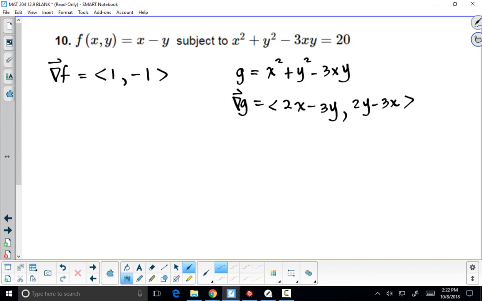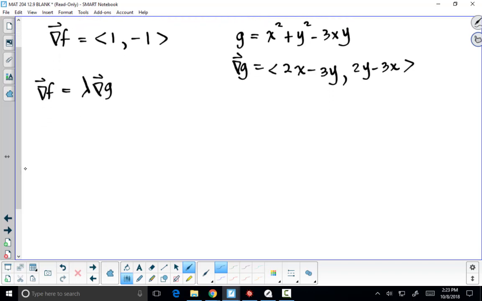That's the normal to the constraint curve, del g. And then we're going to do del f equals lambda del g. This is the equation that guarantees the parallelness of the two vectors. This is a parallel exercise.